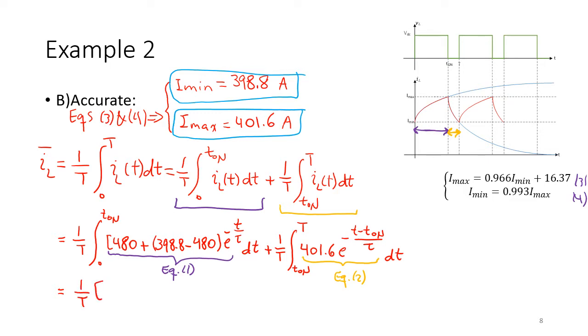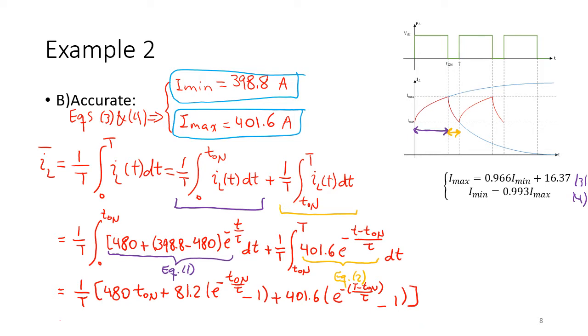There is no pointer. Let me just write it fast here. It's T on plus 81.2 (e to the minus T on over tau minus 1) plus 401.6 (e to the minus T on over tau minus 1), and if you calculate all of them you will find 401.1 amperes, which, in comparison to the 400 amperes that we consider to be the average value, is less than 0.3% error.